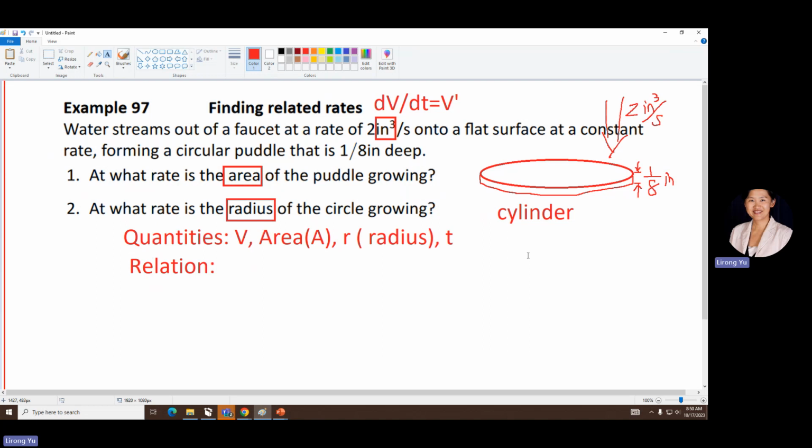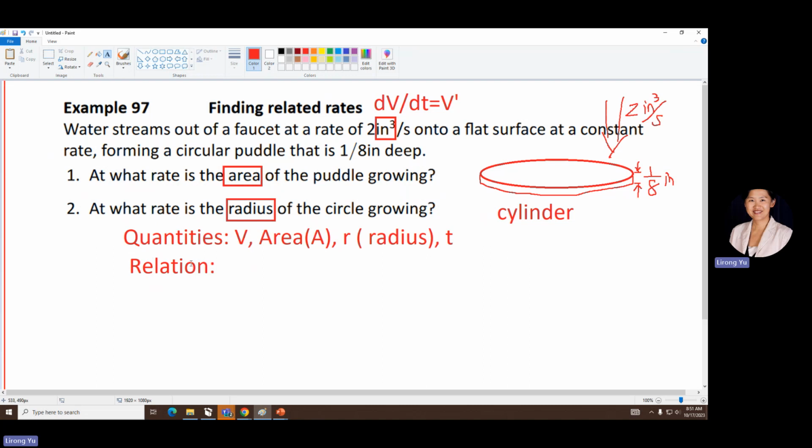Do you remember how to calculate the volume of a cylinder? Have you heard of base times height? And this is the same way. A cylinder has two bases, the top base and the bottom base. The bases are circular, so the base area is pi r squared, right? The circle has area of pi r squared. So base area times height will be the volume.